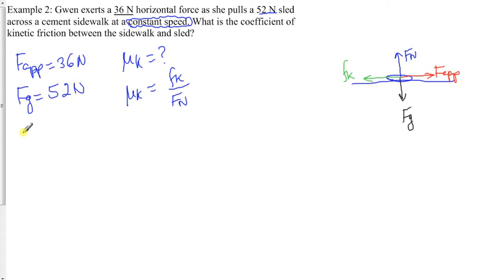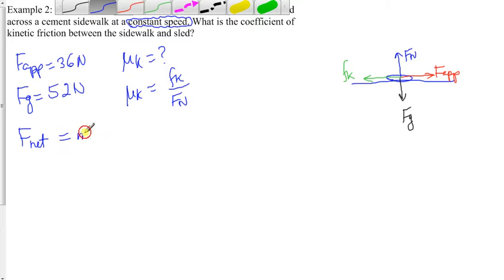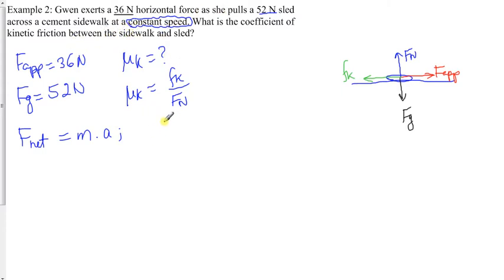Step number 2, we apply Newton's second law. F net is equal to m times a. Here the object is moving, so you may think that there is acceleration, but because the question is saying that the sled is pulled at a constant speed, along a horizontal direction, we can say it's constant velocity.